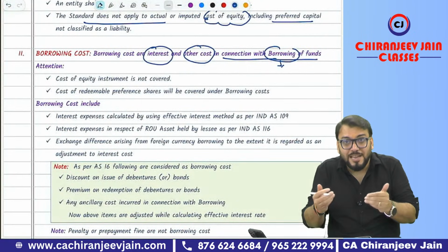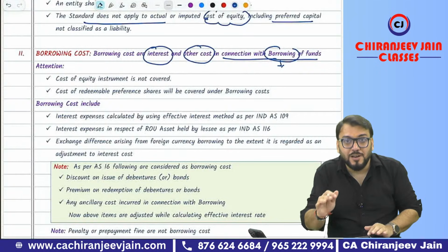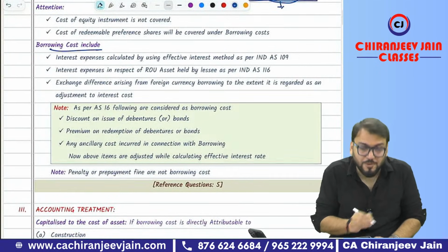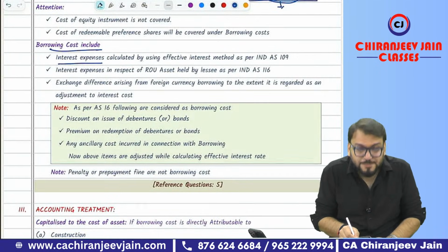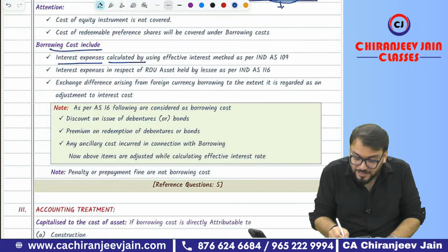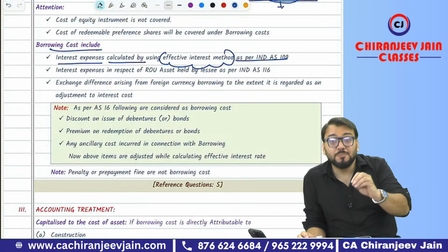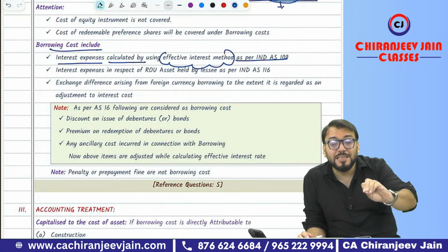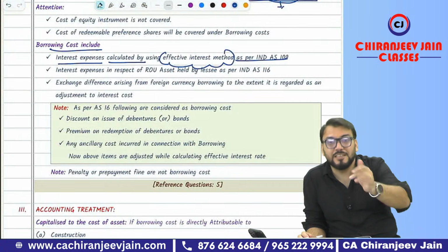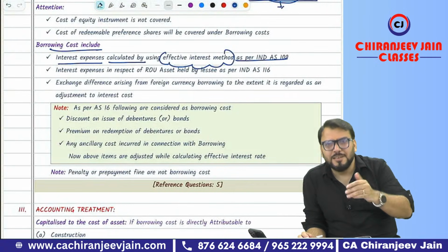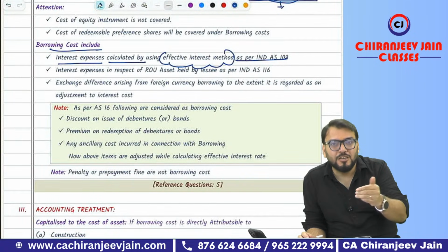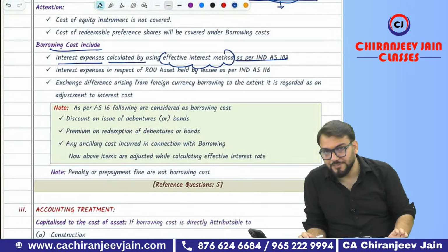So one thing you understood: any interest cost or any other cost in connection with borrowing of funds will be borrowing cost. It includes interest expense calculated using the effective interest method as per Ind AS 109. As per Ind AS 109, interest will not be calculated by the contractual rate of interest; it will be calculated by the effective interest method, which means we need to calculate the effective rate of interest to calculate interest expense.